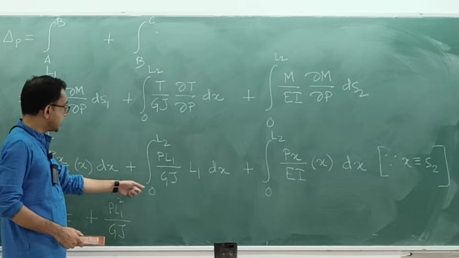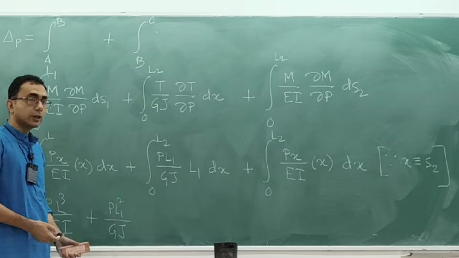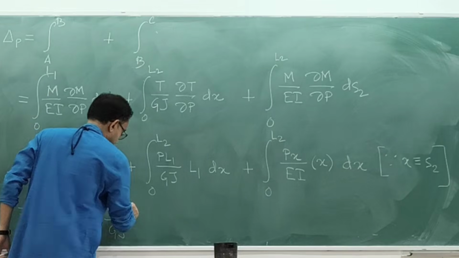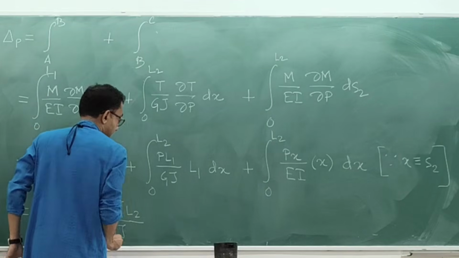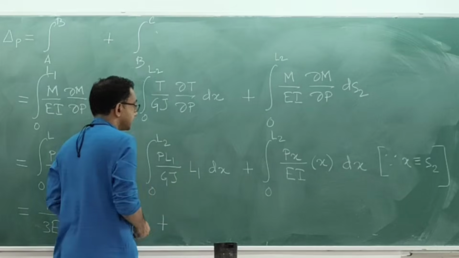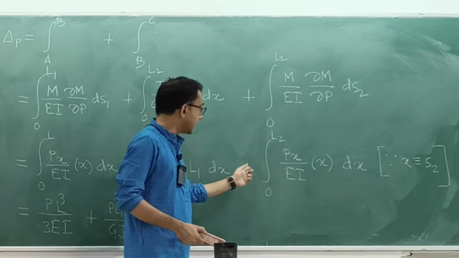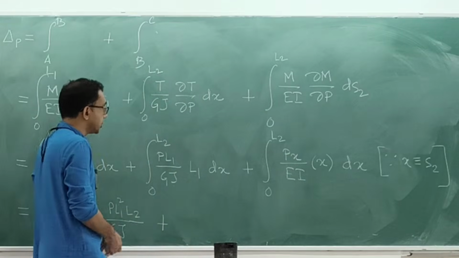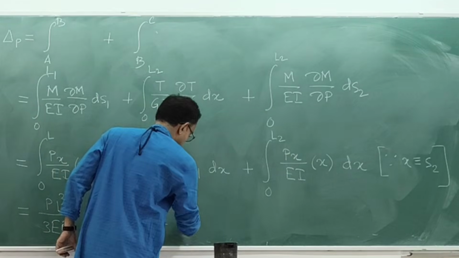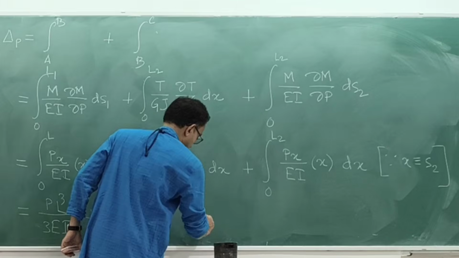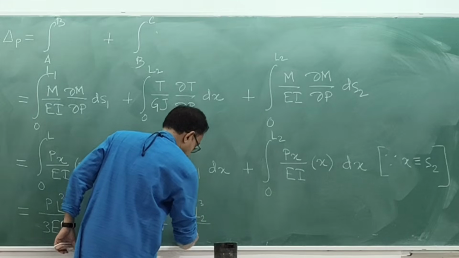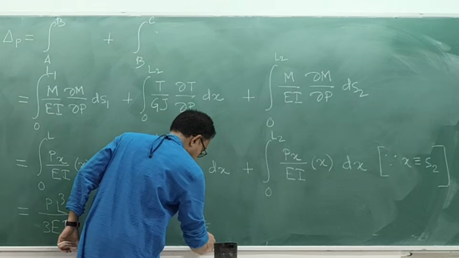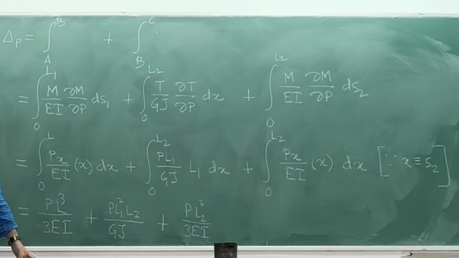Inside it will be 0 to L2 dx. So that will be just L2. Plus this is P by EI coming outside, x square, that is L2 cube by 3. So this is P, that's it.